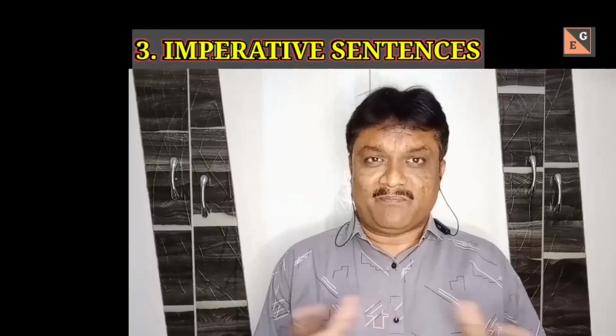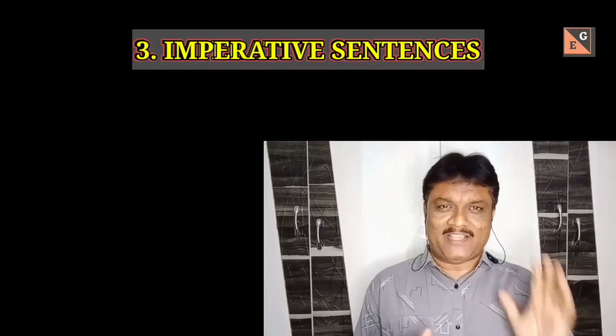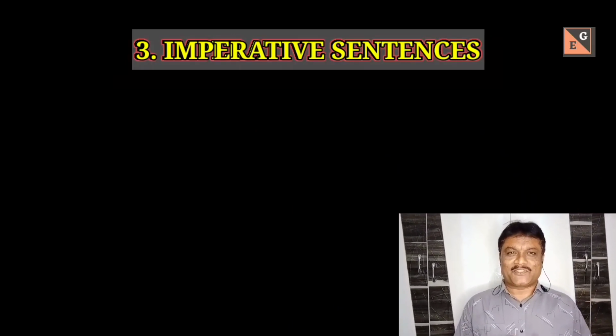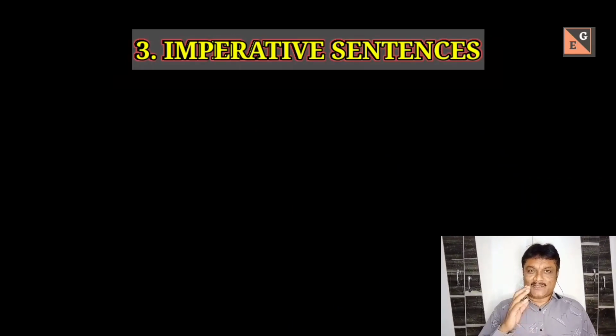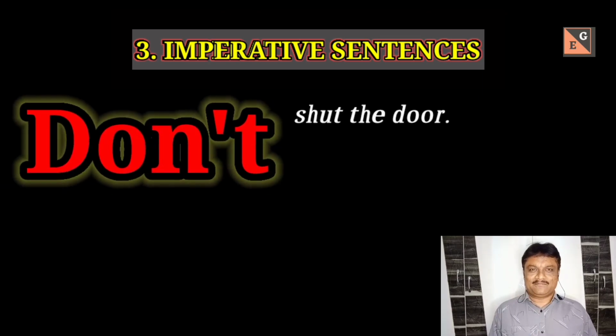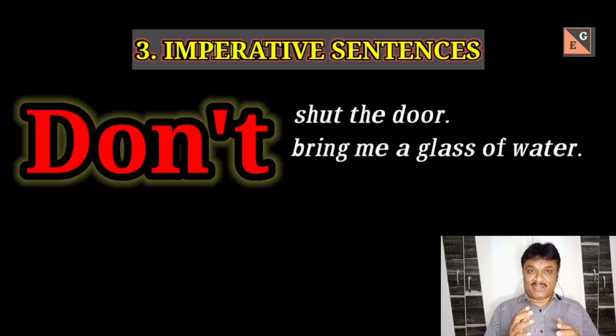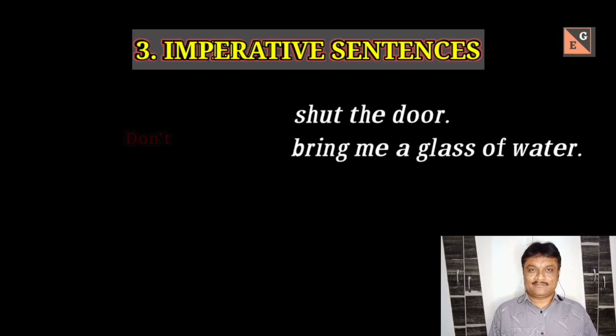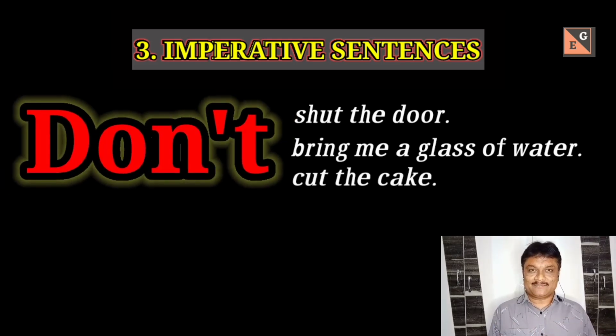Making negative of imperative sentences is a super easy task. We'll see. Don't shut the door. Don't bring me a glass of water. Don't cut the cake.